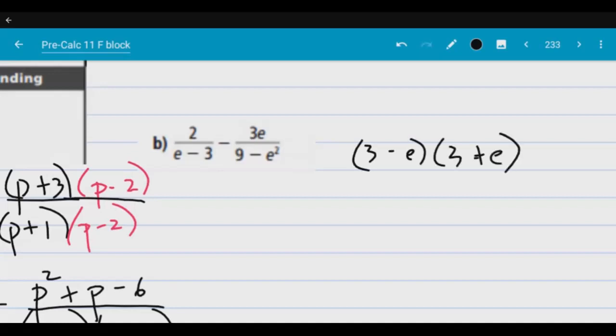Now, doesn't this look very similar to this one, except that this one appears to be having the signs in reverse, right? If we can make this into e minus 3, then I think it's going to be better to do this.